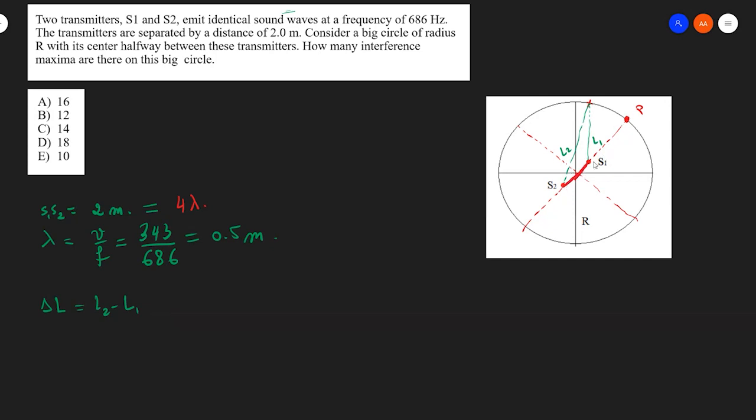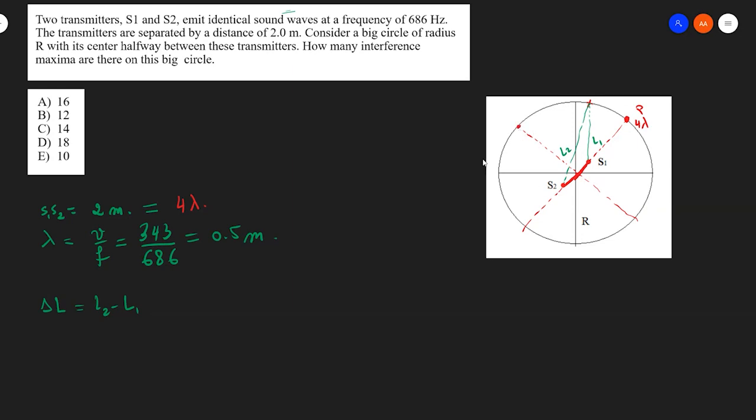So S2P minus S1P will give me this distance. So when I'm here, I know that the difference between S2P and S1P is 4 lambda. Okay, the distance is 4 lambda.